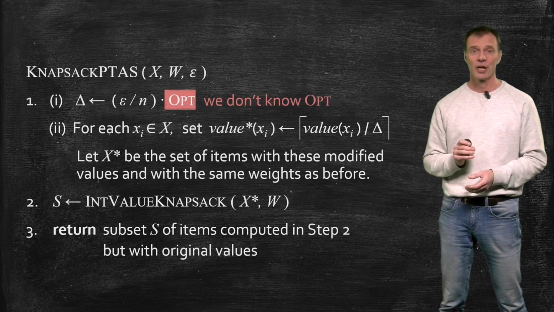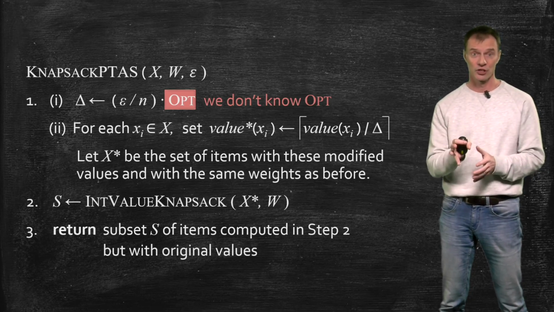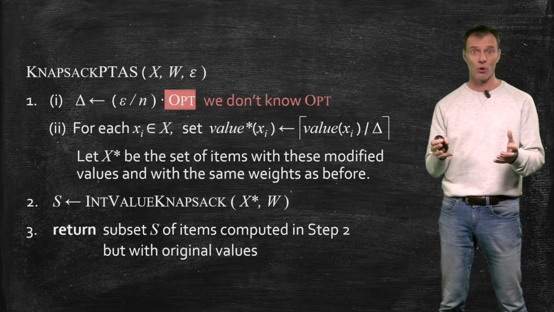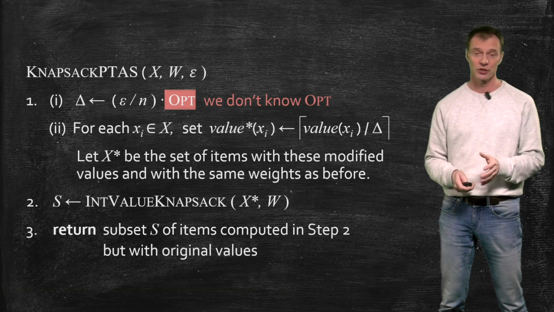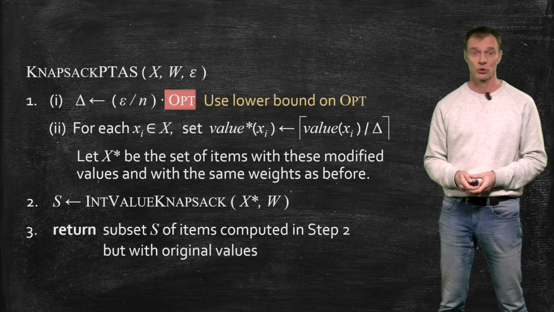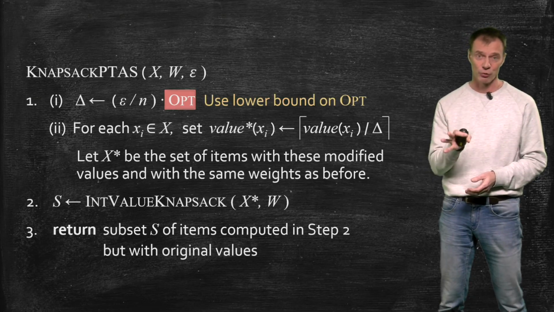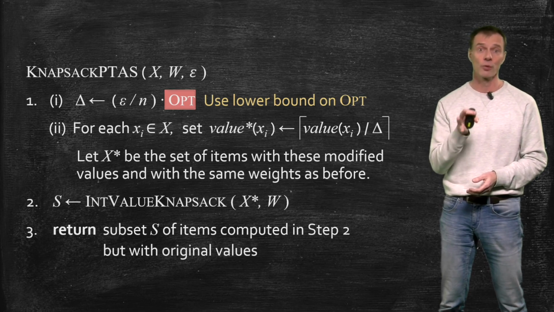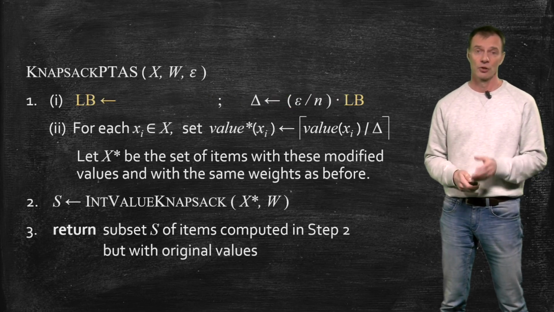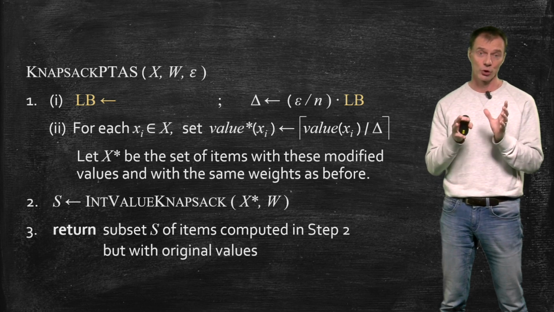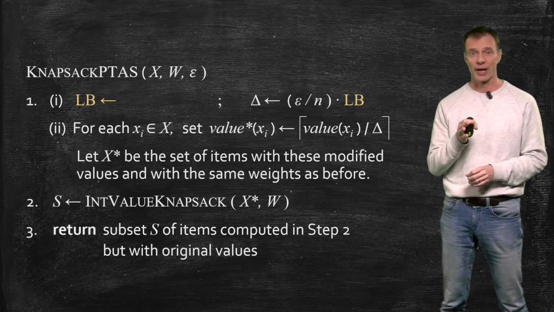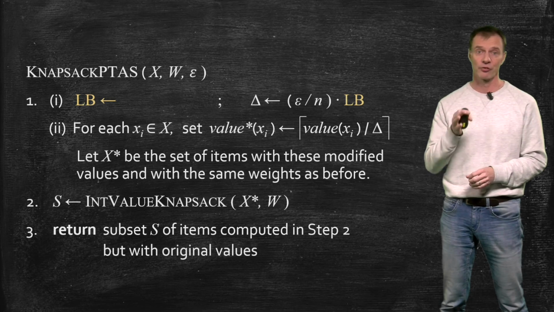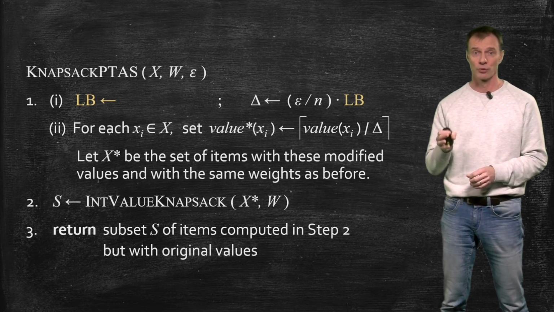But there's a slight problem, namely in step 1, we defined this delta in terms of opt. Opt is the value of an optimal solution, but we don't know opt. So doing this in step 1 is not possible for the algorithm because the algorithm does not know opt. So what do we do instead? Instead of working with opt, we're going to work with a lower bound on opt. We first compute a suitable lower bound, LB, and then for delta we pick epsilon divided by n times LB instead of epsilon divided by n times opt.